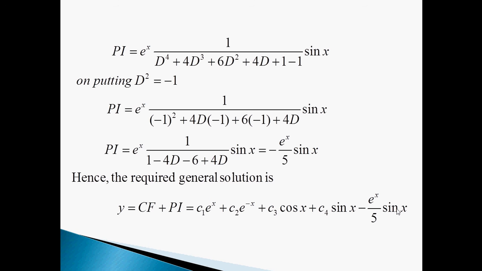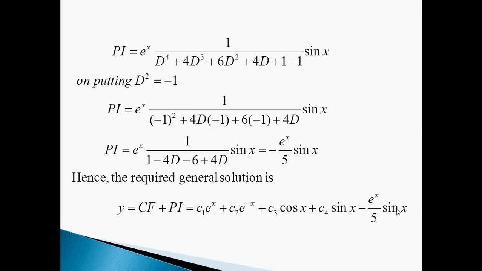So D to the power 4 is equal to (minus 1) to the power 2, plus D cube as D square into D, so we put minus 1 into D, and in place of 6D square we use 6 into minus 1, and plus 4D. After calculation, the particular integral is equal to e to the power x upon 5 sin x with a minus sign.